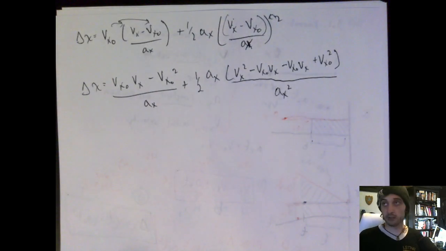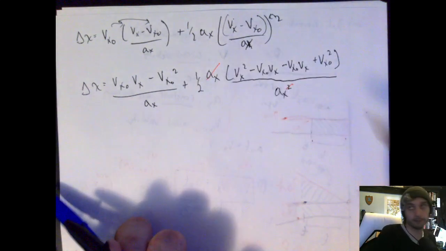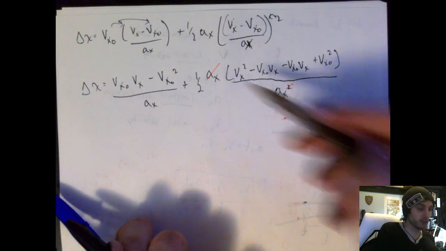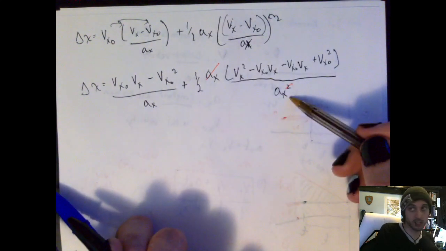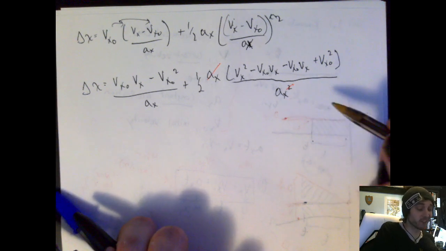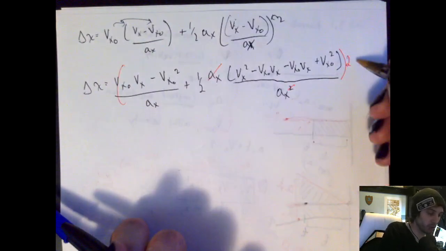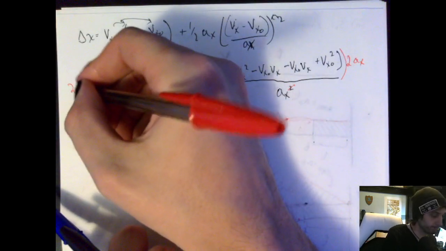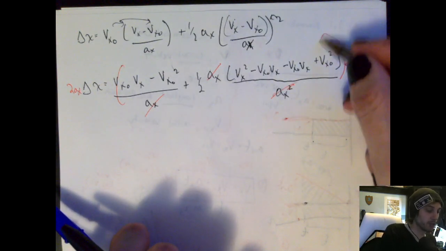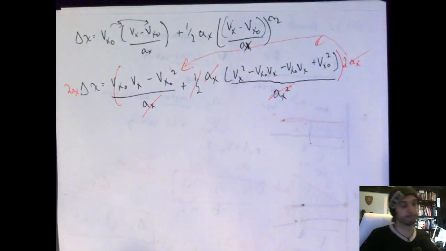At this point, I'm going to do something to simplify a little bit. Those two cancel because Ax times Ax is Ax squared. So one of the Ax's on top is going to cancel with one of the Ax's on bottom. To get rid of the denominators on all of this, I'm going to multiply each side, all of it, by 2 times Ax. That cancels this Ax and this Ax with this one. The 2 distributes here and gets rid of the half. The 2 also distributes here.